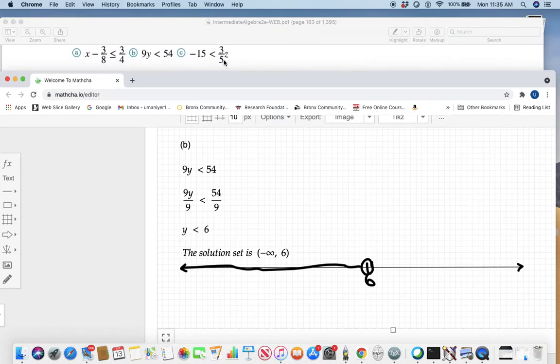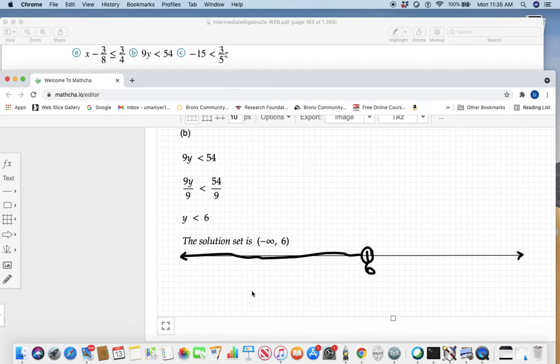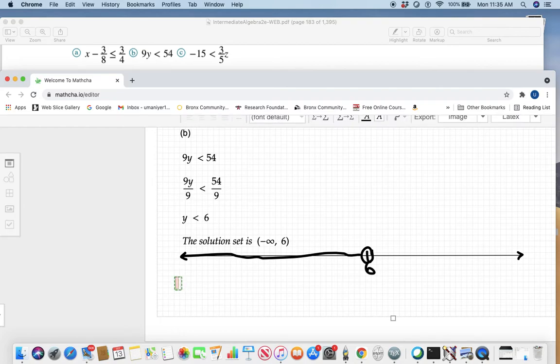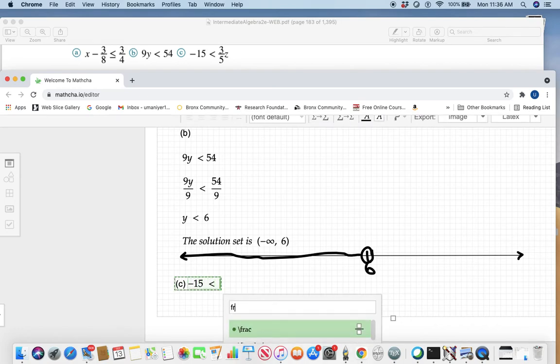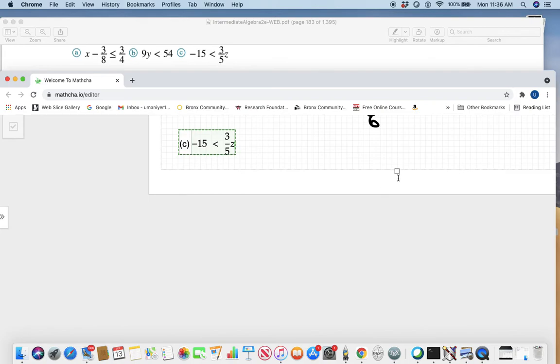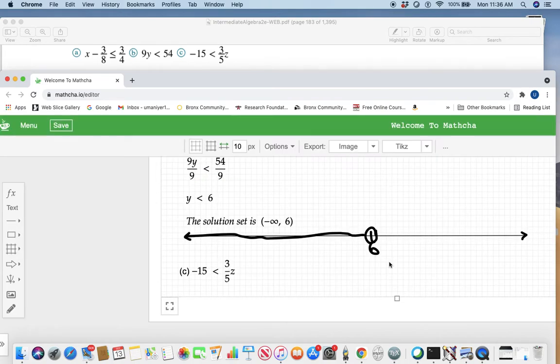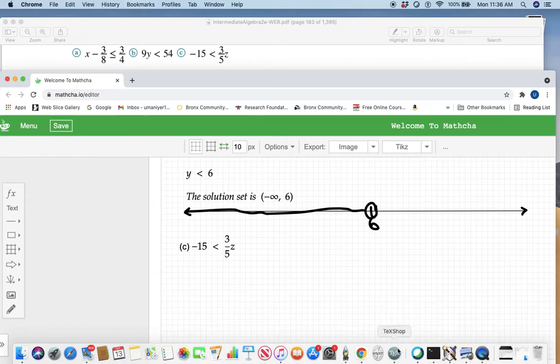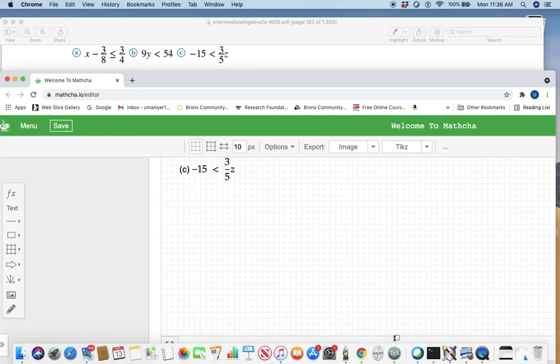Negative 15 is less than or equal to 3/5 z. Notice how it's written, with the variable on that side. Let's see what that means. We want to solve this. First of all, we like to write our variables to the left. The problem though is you cannot just move things around.